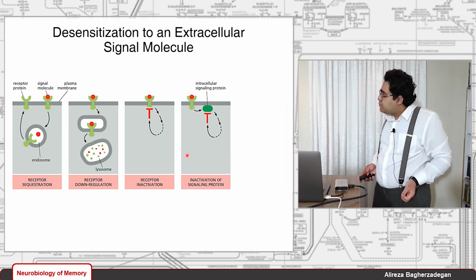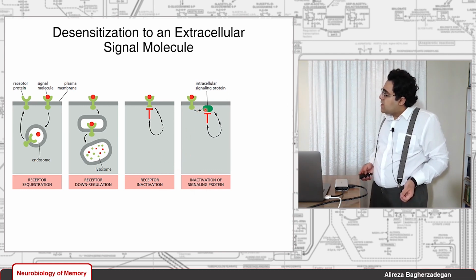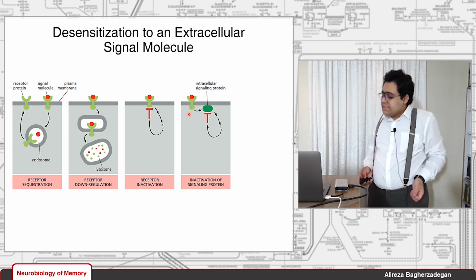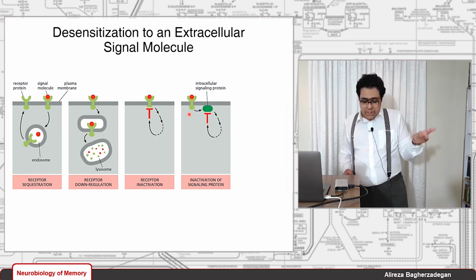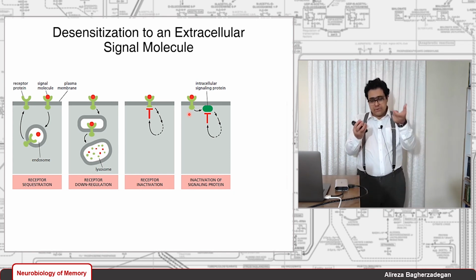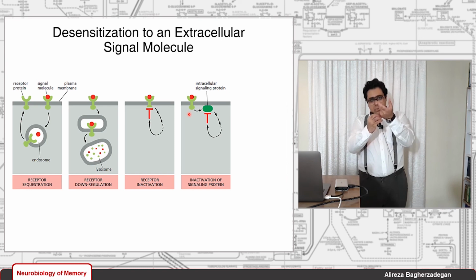Sometimes the signaling protein which is related to the receptor gets inactivated. For example, in a G protein coupled receptor case, the G protein coupled receptor is attached to a G protein. When it gets activated by a signal, after binding to a signal, it activates a G protein.